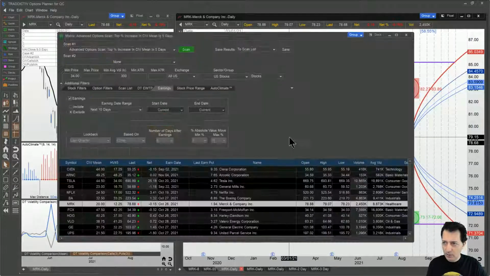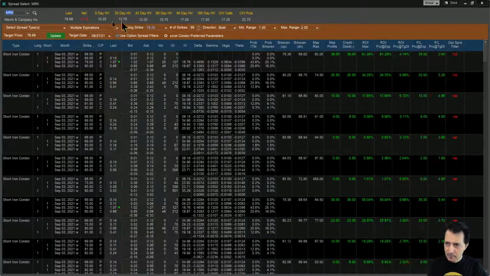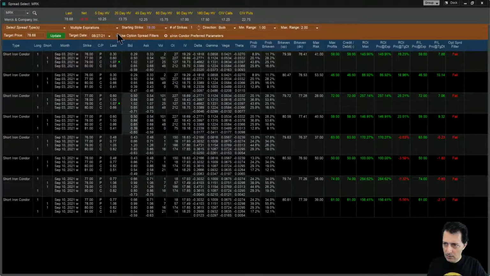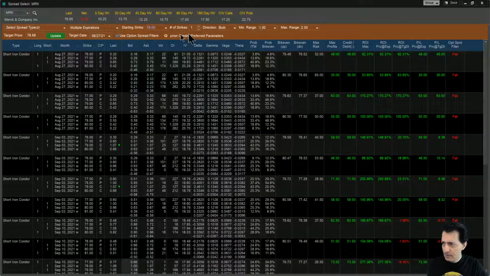That's the range that we are betting on. So good. So Merck, we change the symbol to Merck, MRK. Let's go for all those expiration dates. From August 27 all the way to September 24, we're gonna try multiple condor setups.